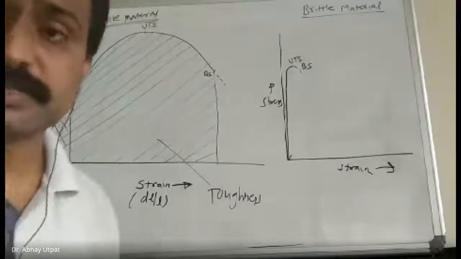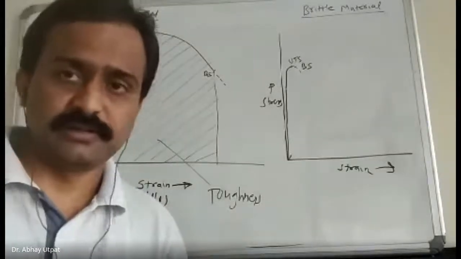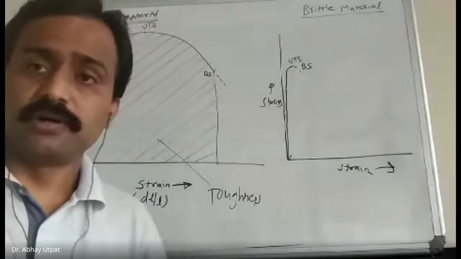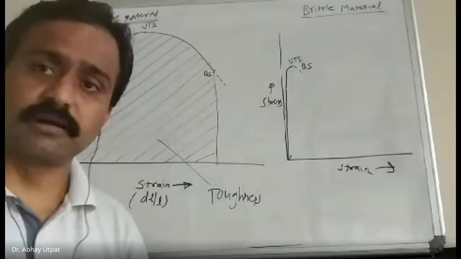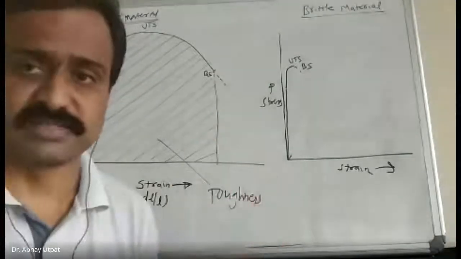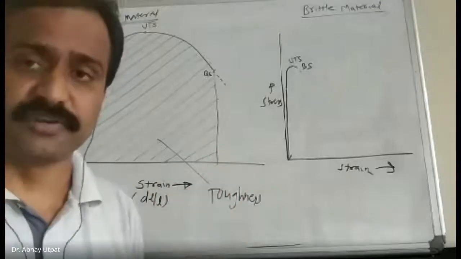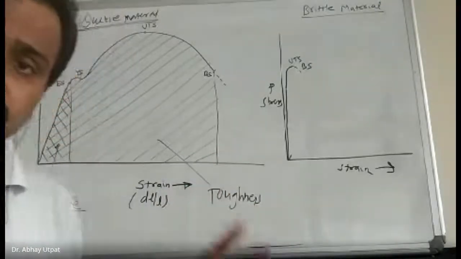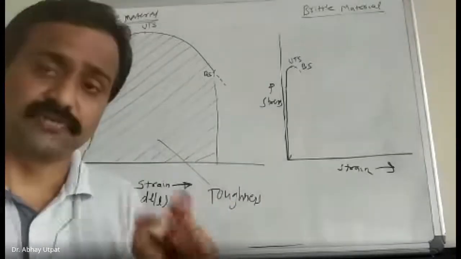The definition of toughness is energy absorbed prior to fracture. Now, always remember that the stress strain curve gives true toughness. The area under stress strain gives true toughness. Exactly the energy absorbed prior to fracture is called true toughness.